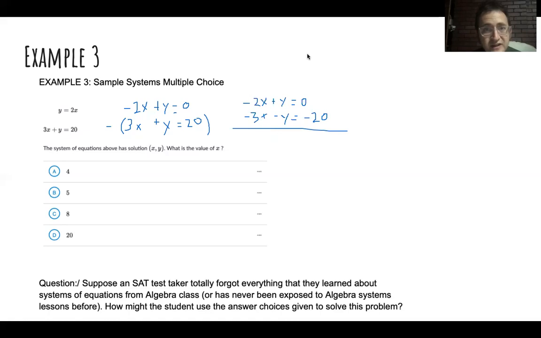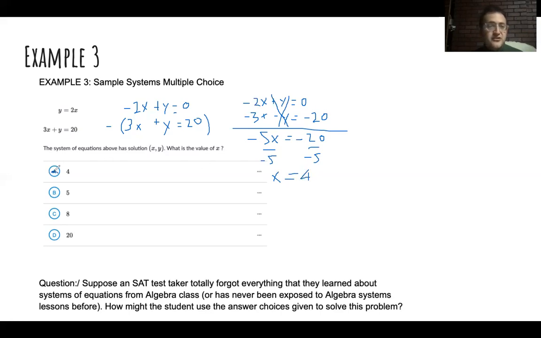Let me just undo that. The y's cross out. So we can cancel that, and I have negative 5x equals negative 20. Just divide by negative 5. And lo and behold, we have our value of x, which is equal to 4.